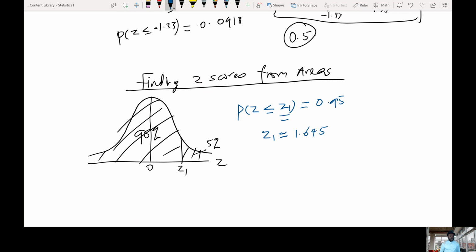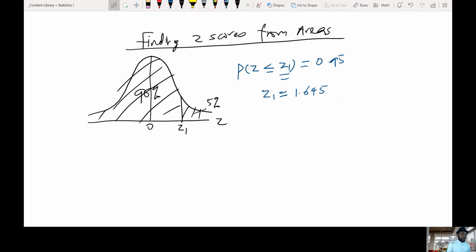So given the area, find the z-score. Basically, I'm going to give you all a take-home assignment for you to try yourself. I've shown you these, and I believe you can do the rest, either using the calculator or using Minitab. If you have any questions on these, you can meet with me during our student hours, and I'm happy to further address these concepts.